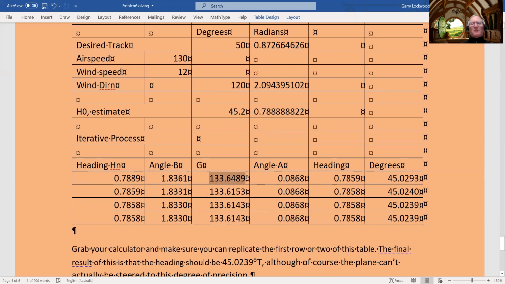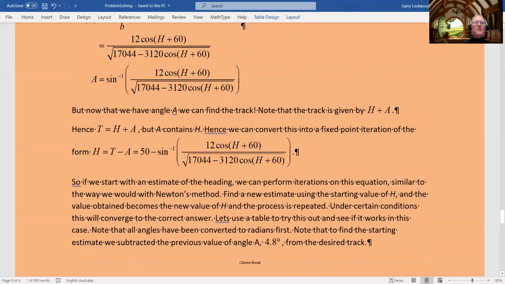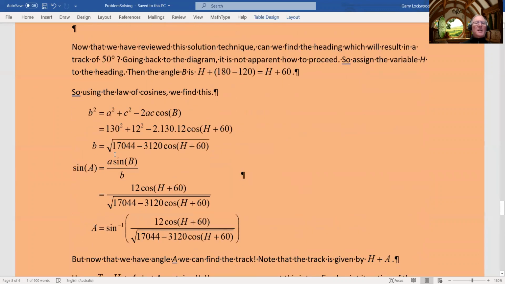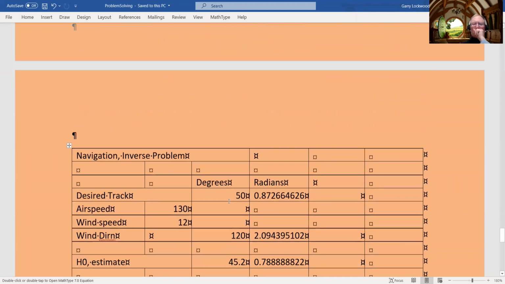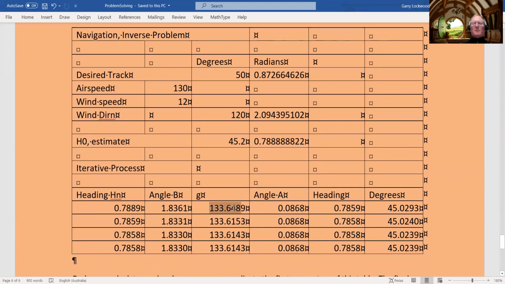Anyway, so here's our ground speed G, and that should of course be a lowercase g. There's our ground speed, and that's just calculated using this formula here, using G instead of B, right? So I've just put the current H into that, and pi on 3, of course. That's that one there.